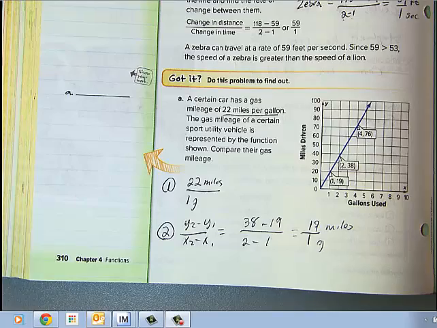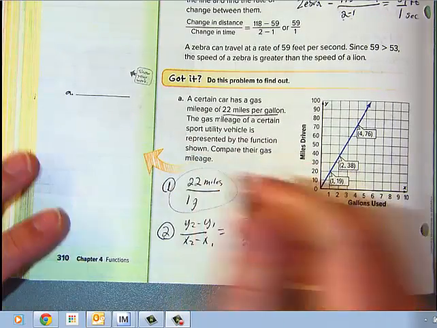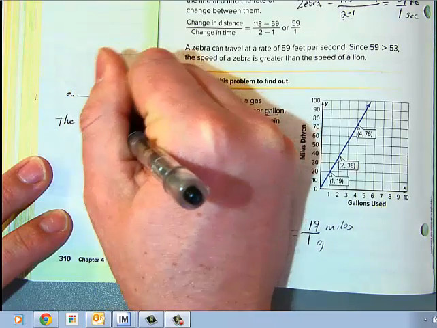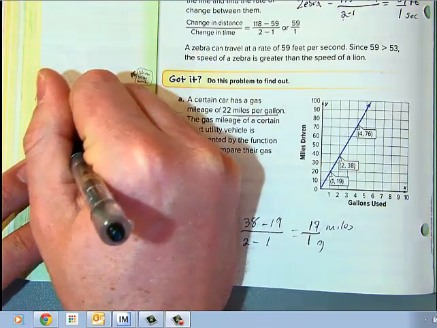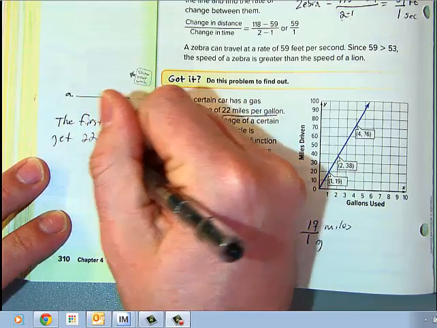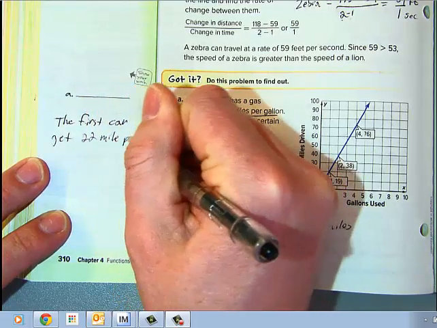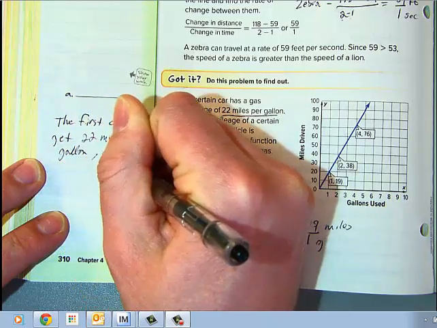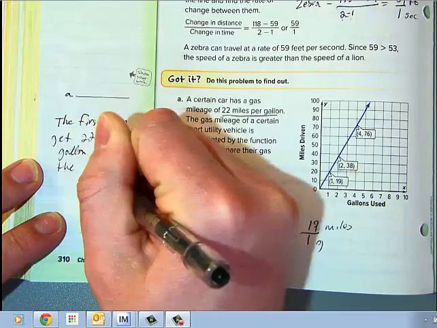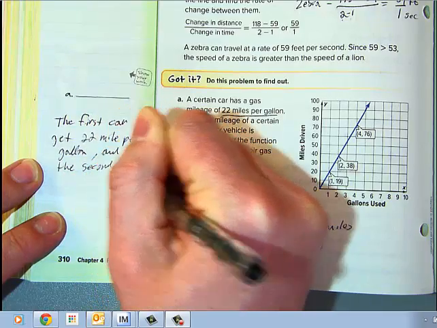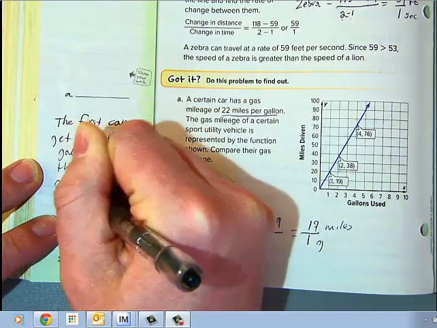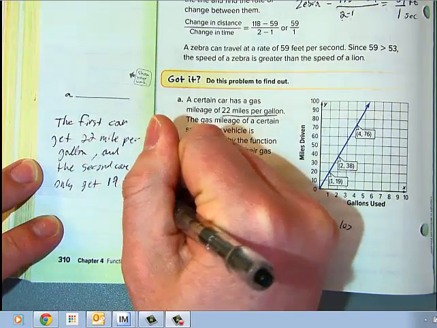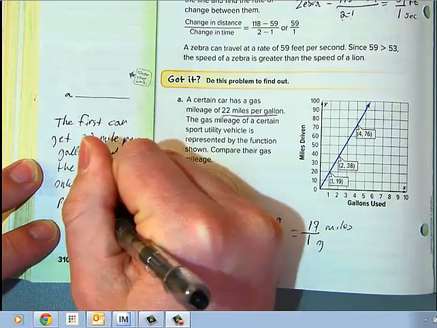So which one gets more? You would just need to say the first car gets 22 miles per gallon, and the second car only gets 19 miles per gallon.